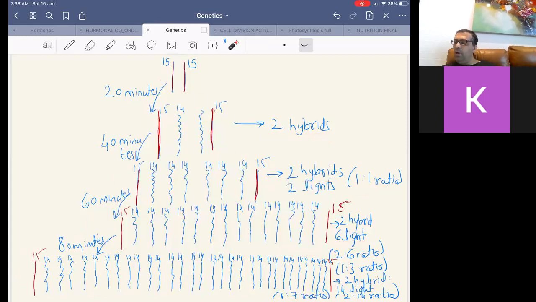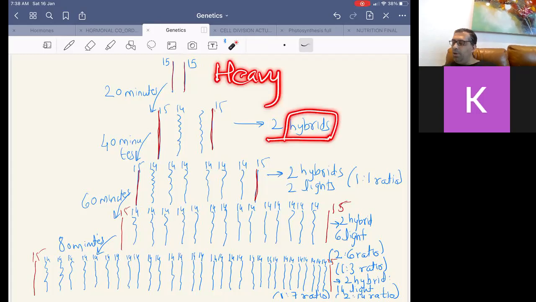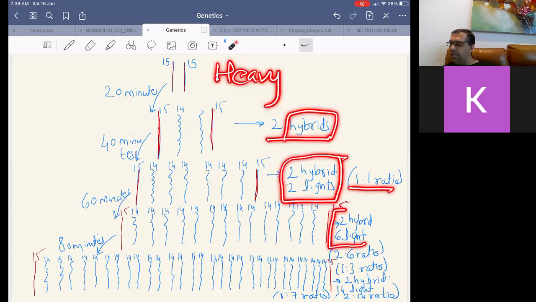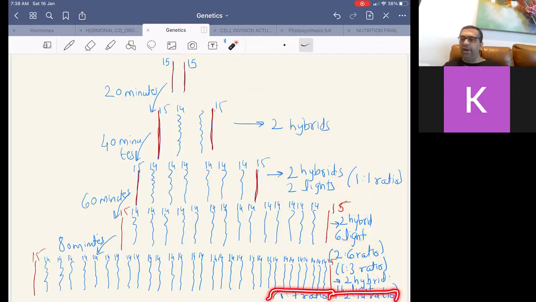So what do we have here? Here we have heavy. Here we get two hybrids and two lights in a ratio of 1:1. Here two hybrids and six lights, 2:6 or 1:3. And here two hybrids and 14 lights, 2:14 or 1:7.